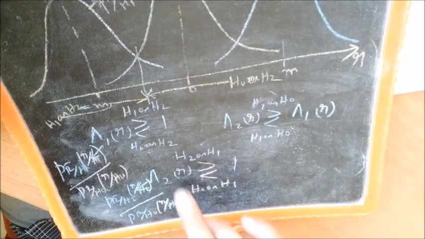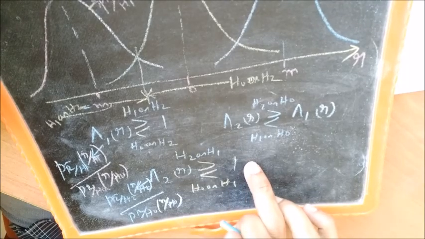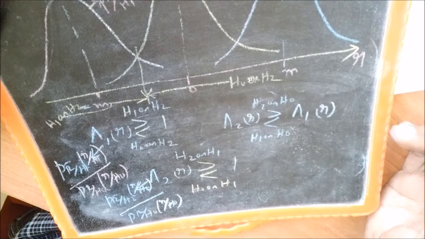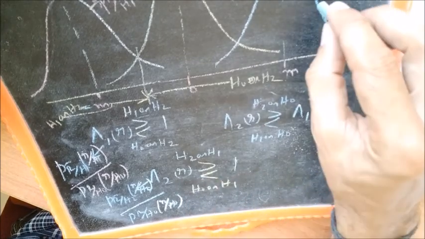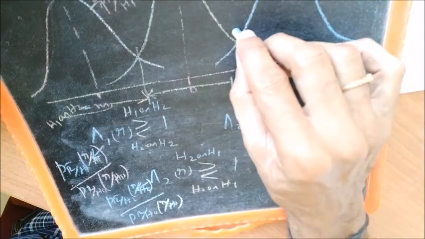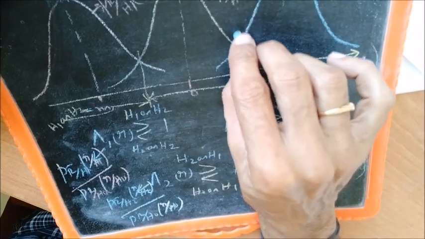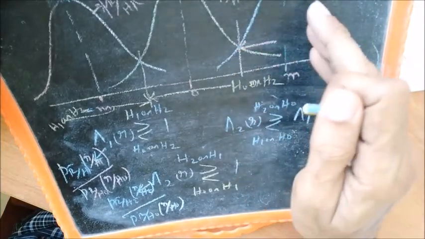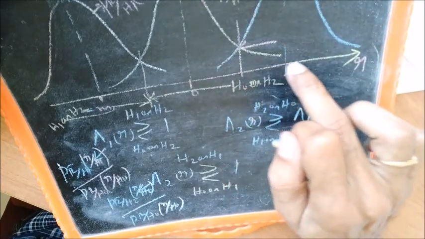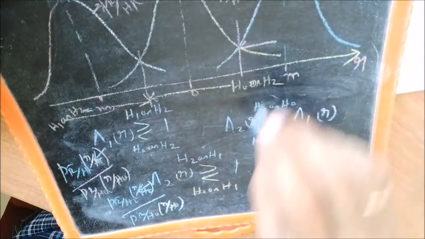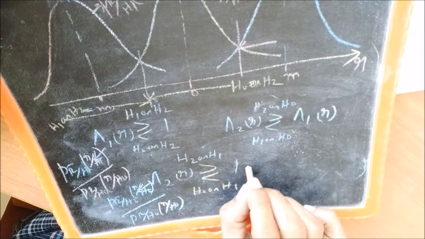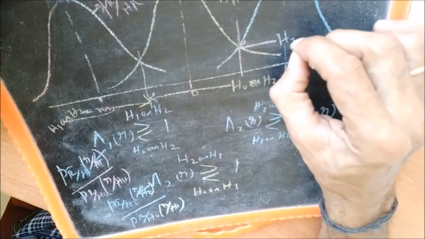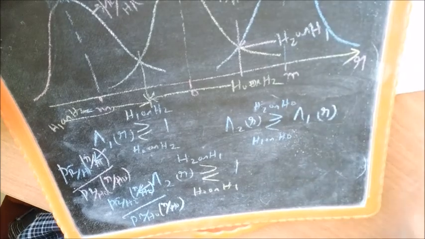Whenever PR H2 is more than PR H0, we say it is H2 or H1. So whenever PR H2 is more than PR H0 in this side, PR H2 is more than PR H0. So whenever it is more, we say it is H2 or H1.